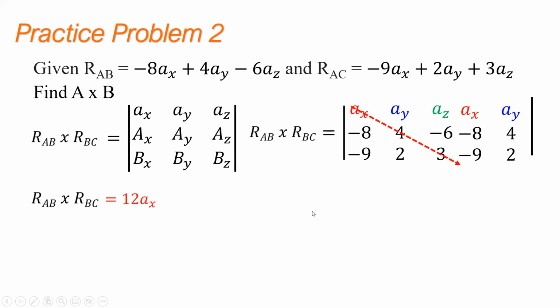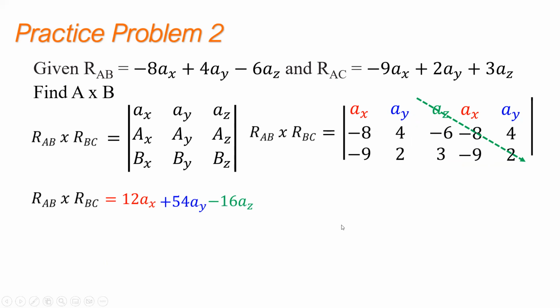That will give us 12 A sub X. Yung A sub Y next is A sub Y multiplied by negative 6 times negative 9. That will give us positive 54 A sub Y. Then A sub Z times negative 8 times 2. It will give us negative 16 A sub Z.